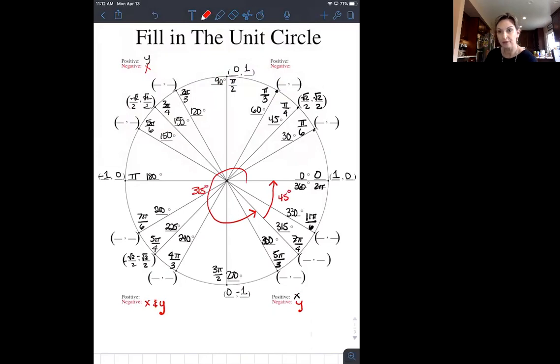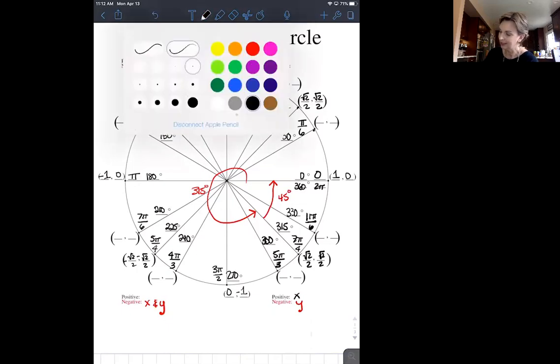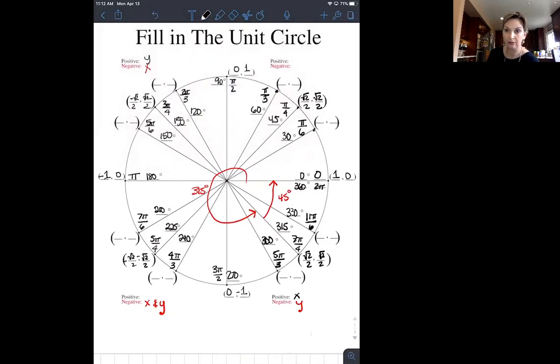Okay, and a 45 degree angle has an x coordinate of the square root of 2 over 2 and a y coordinate of the square root of 2 over 2. But I'm in quadrant 4 now, where that y is negative.